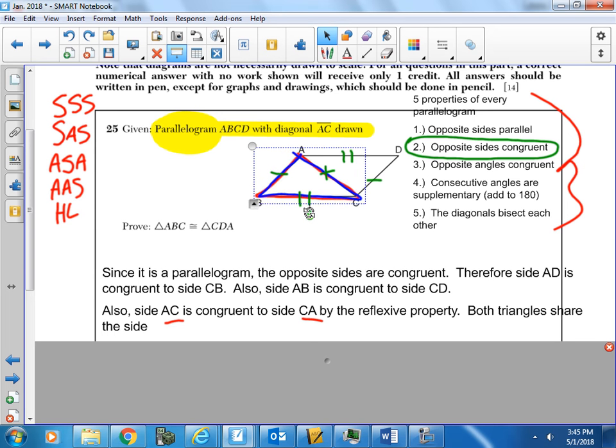I don't think they'd mark off if you said AC is congruent to AC. I'm not sure, but that's why I wrote it that way.